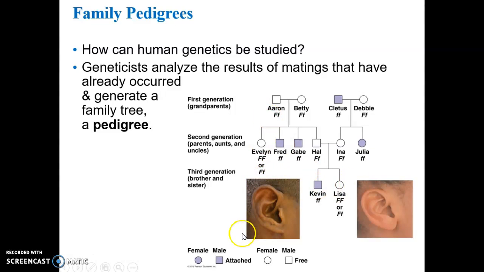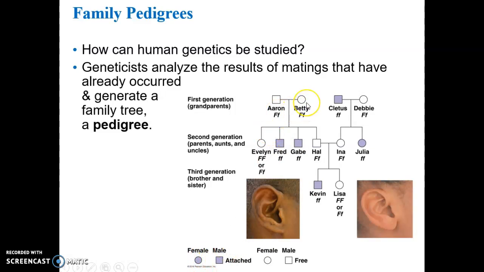So for example, looking at attached or free earlobes, notice that the free earlobes are going to be the open circles, okay? And the attached earlobes are going to be the colored in circles. And then male and female are going to be the squares and circles respectively.